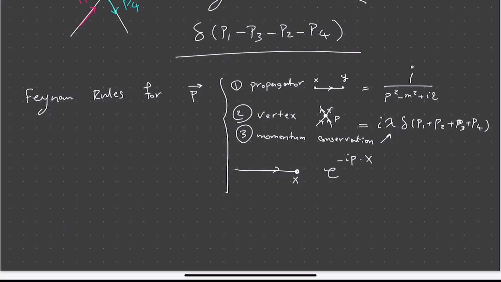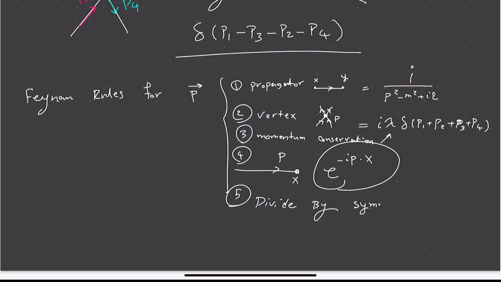So you are considering that at each point there is an ingoing momentum, and that ingoing momentum gives the scale factor of exponential to that particular point. And then the fifth is dividing by the symmetry factor. So these are the Feynman rules for momentum space.